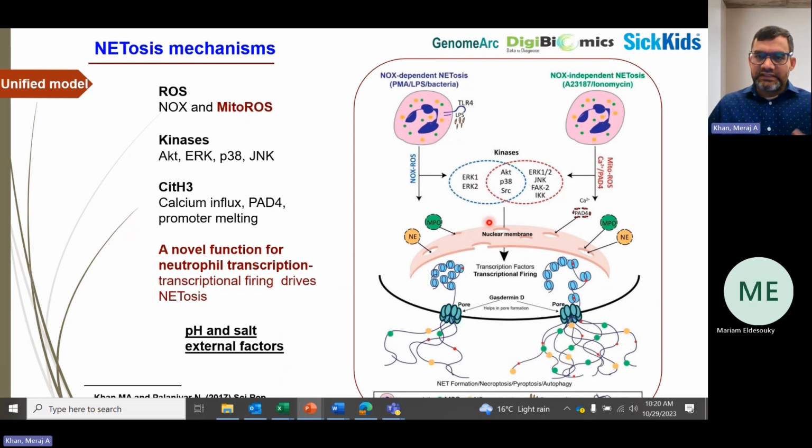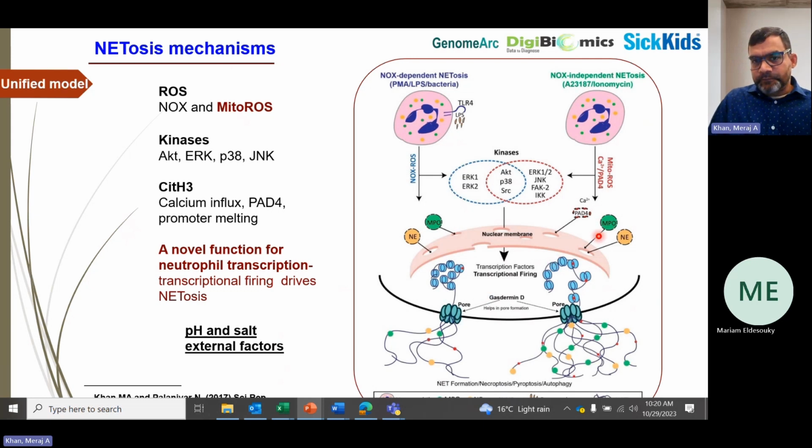In both pathways, the starting point is different. The involvement of kinases like ERK, JNK, AKT, P38, SRC is different and some are common, but ultimately they start decondensation of chromatin.